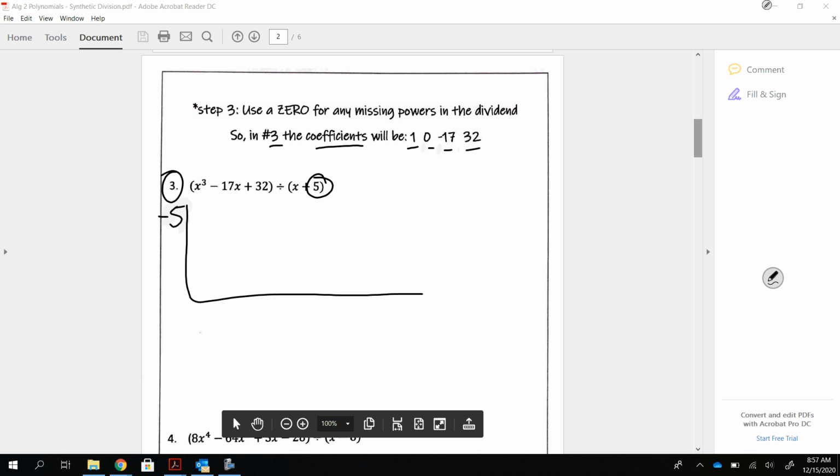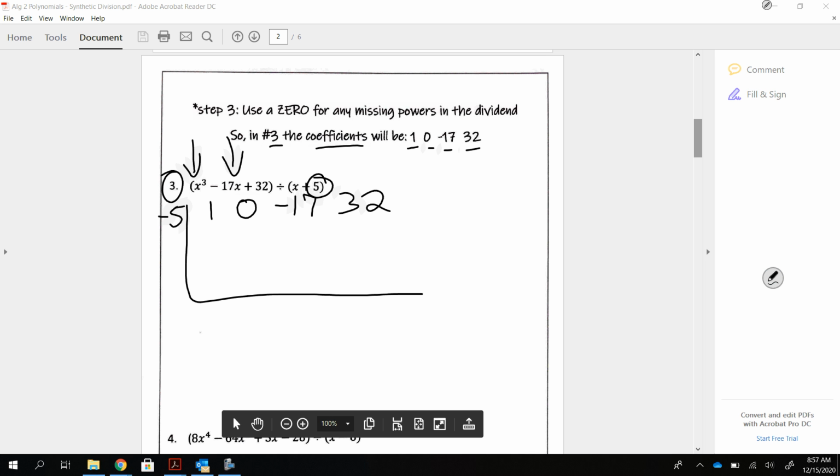Now we go in exponential order. This x cubed is 1. Then our next coefficient, there is no x squared. So what is the coefficient for that? 0. That's what they're saying. So as we see in number 3, it goes from x cubed to just x. We don't skip x squared. We just write that coefficient as 0. Then negative 17, then 32.